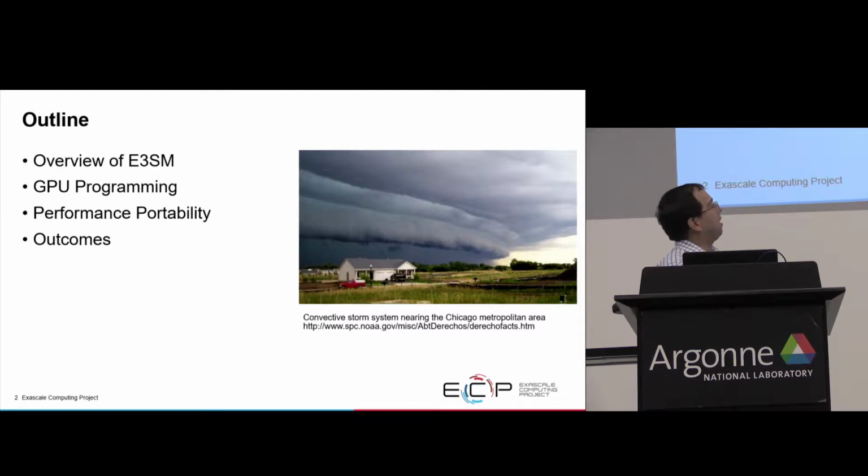It's a convective storm system, and one of the scientific goals in climate modeling is to correctly capture these types of cloud phenomena in a way that our simulations can scale to basically 100 simulated years in a practical manner.